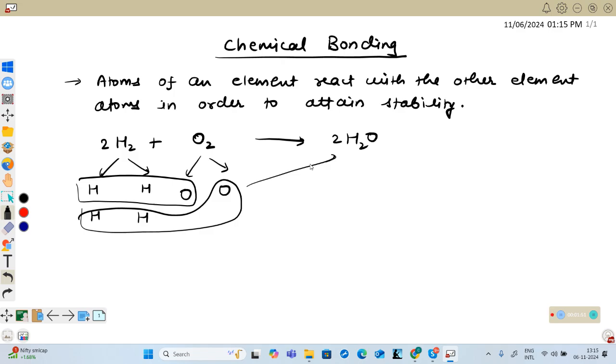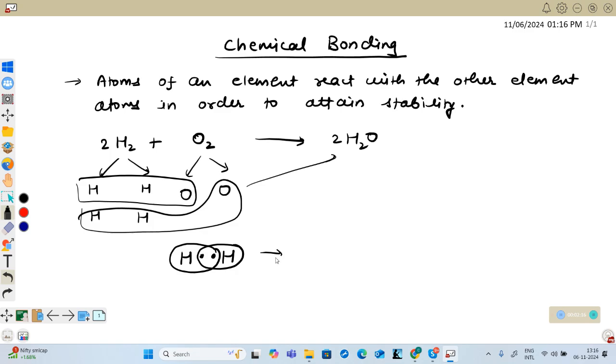the nearest noble gas electronic configuration, which is there almost in every book from the beginning you have learned. Hydrogen shares one electron with the other hydrogen atom so that it acquires helium's electronic configuration. Now on these two electrons, both the hydrogen atoms have a right.